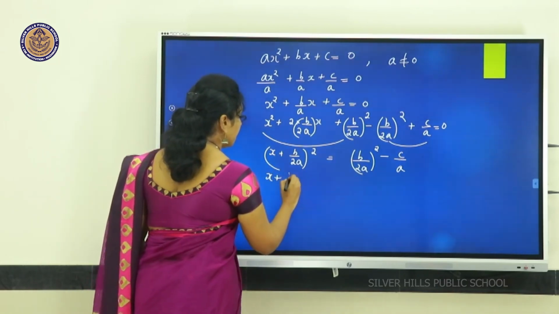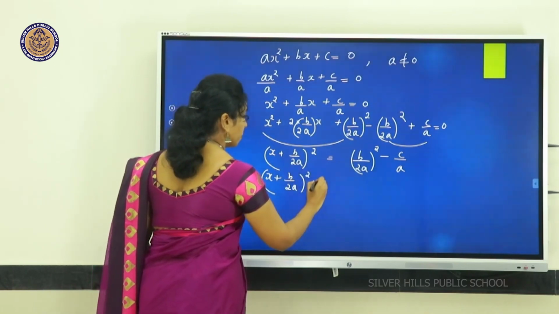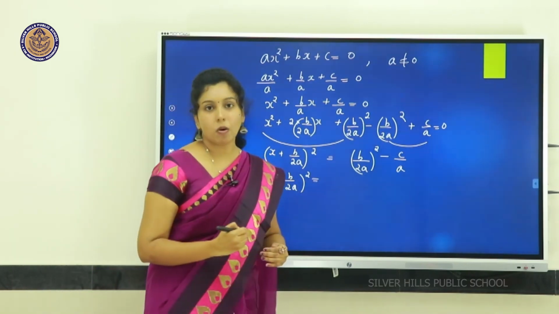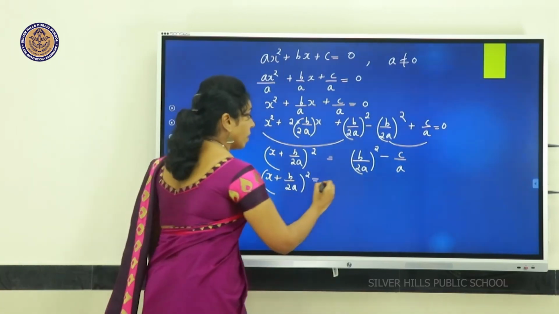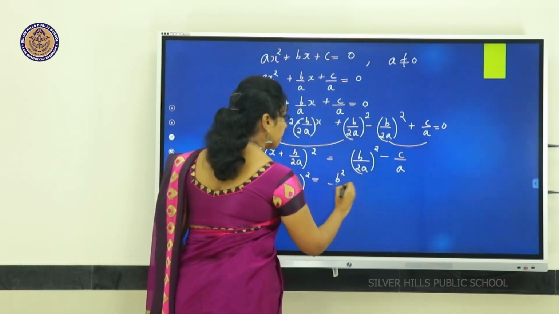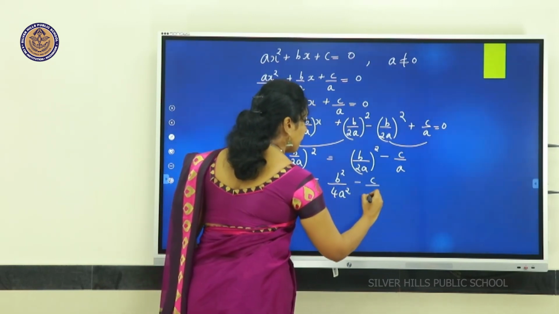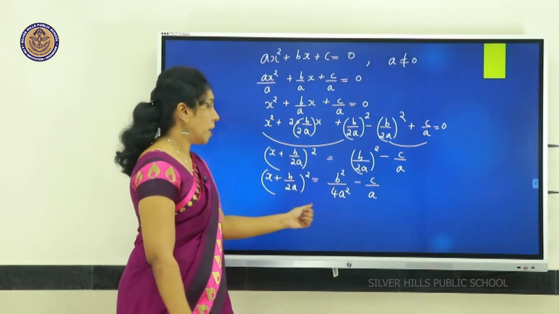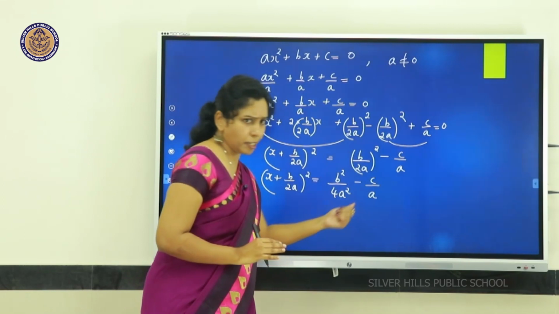X plus b by 2a the whole square is equal to. Now b by 2a whole square is b square by 4a square. B square by 4a square minus c by a. And now let's make the denominator same.